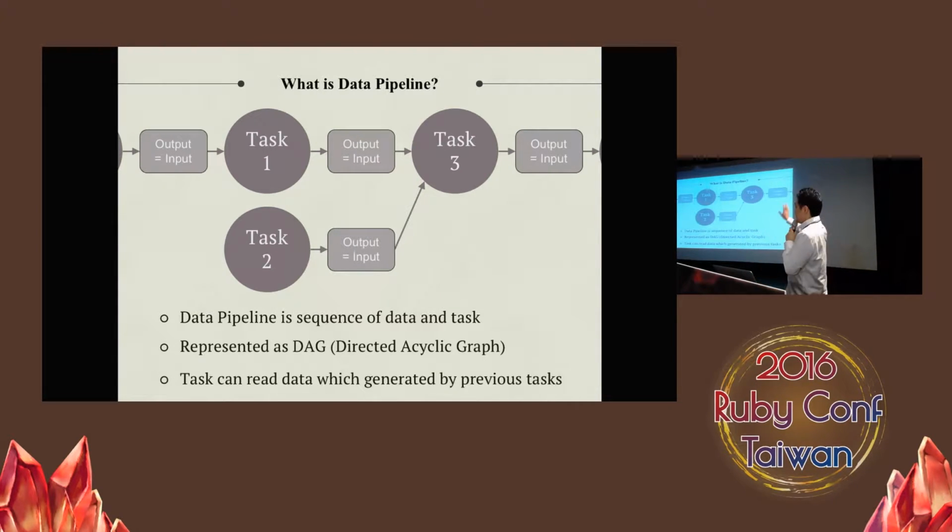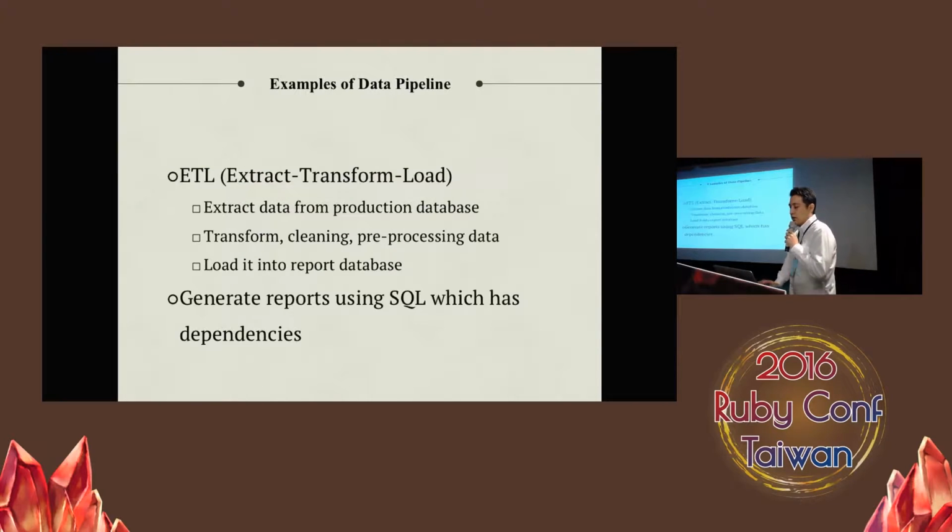So this is the data pipeline. Maybe someone calls this a job flow or job net or workflow. Okay, you can see this data pipeline in many places. For example, the ETL process is one of the data pipelines. Extract from the production database, transform by cleaning, and load it into the report database.